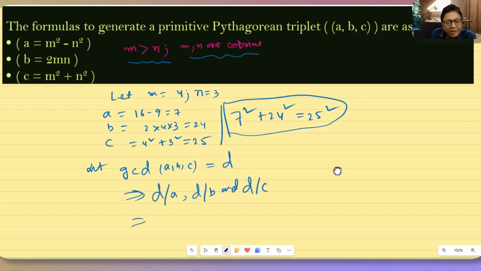So D divides m square minus n square, D divides 2mn, and D divides m square plus n square, isn't it?